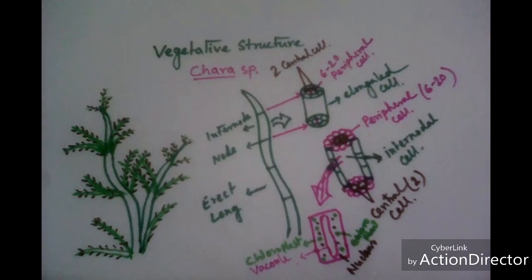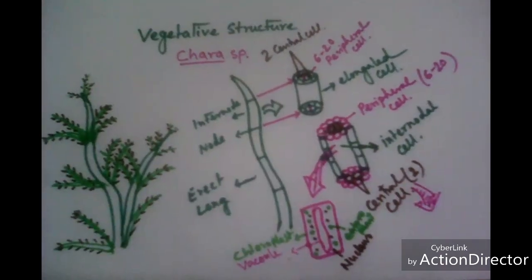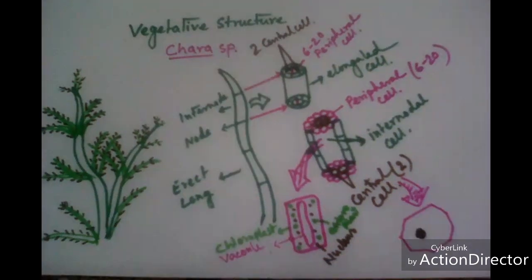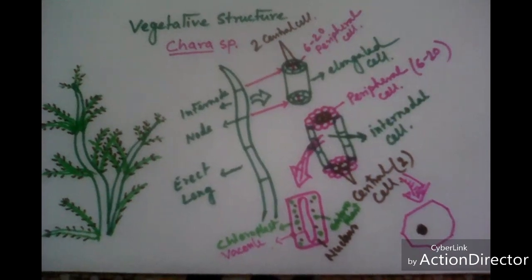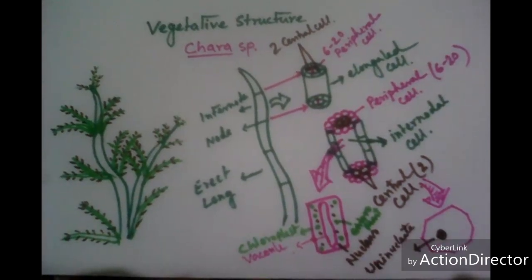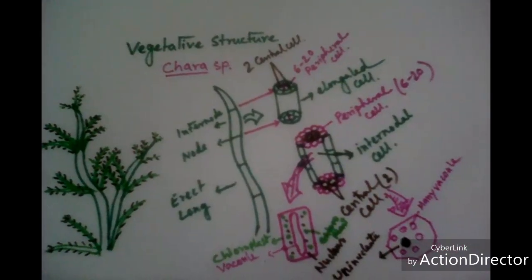Peripheral or central cells are isodiametric in shape and contain a single nucleus. So this cell is uninucleate, but it contains multiple vacuoles and multiple chloroplasts.